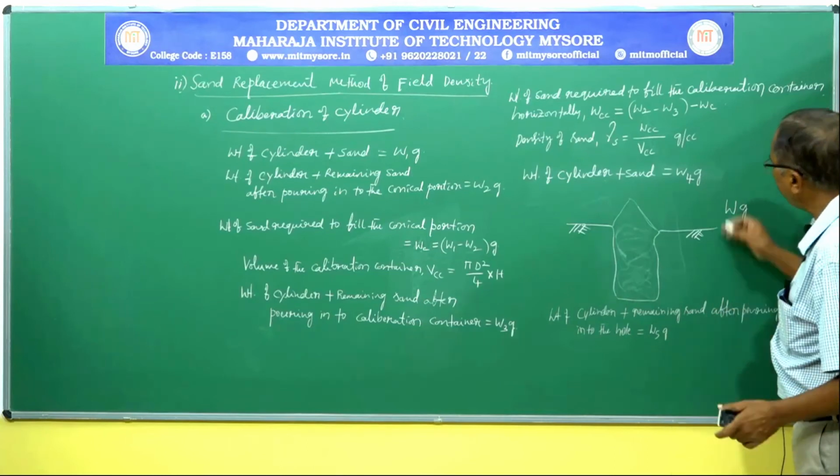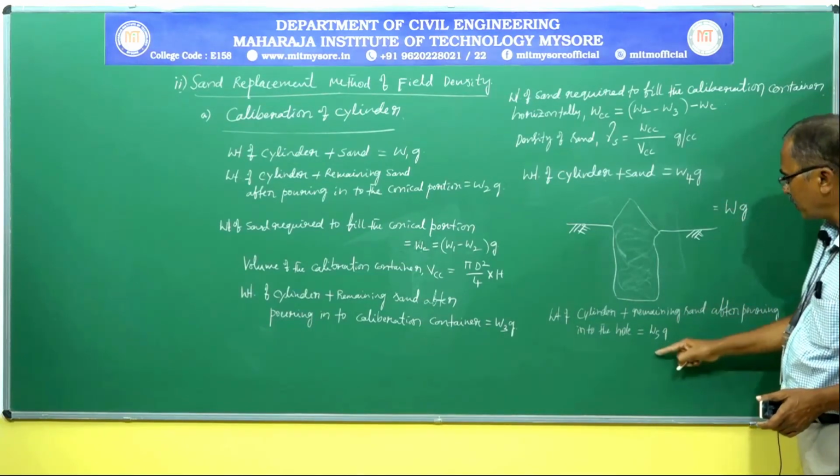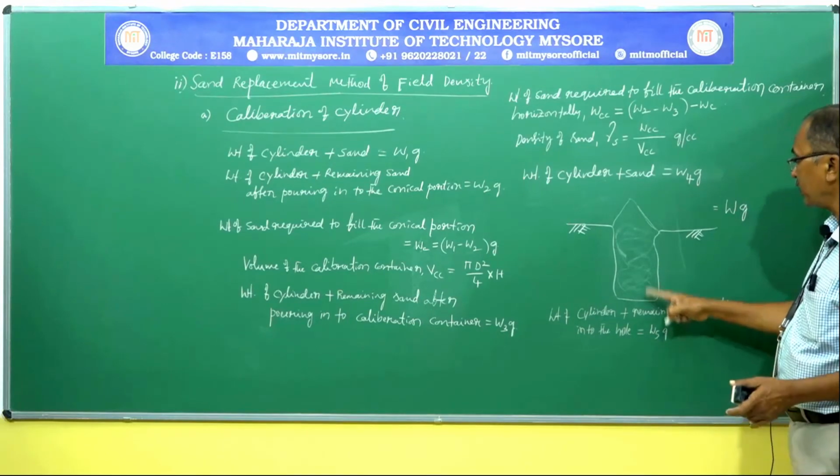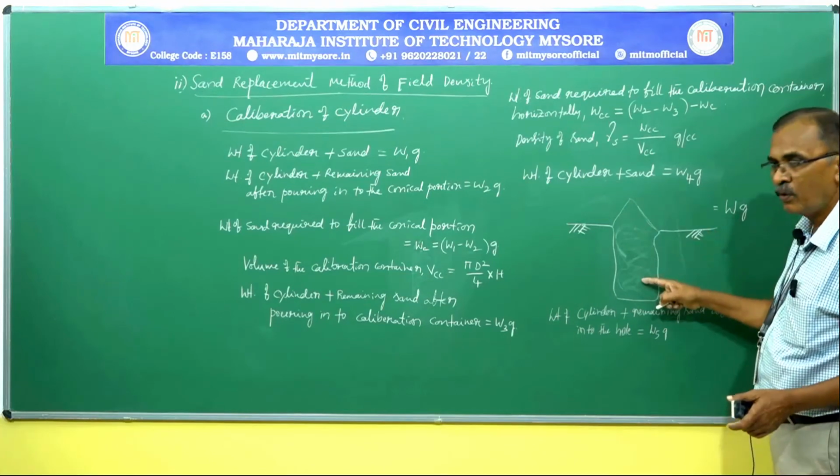So W is the weight of the soil removed from the hole, capital W, and W5 is the weight of cylinder plus remaining sand after pouring into the hole.